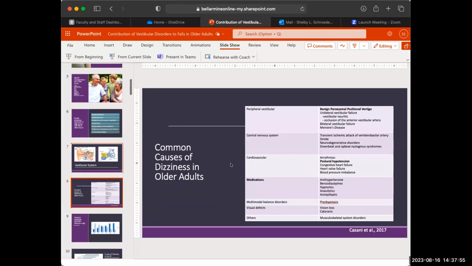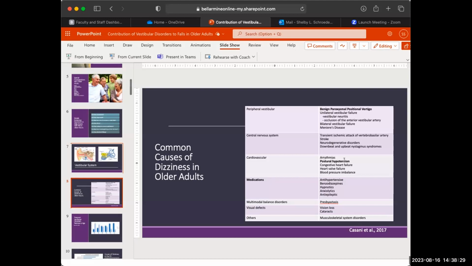So here are some common causes of dizziness in older adults. The bolded ones are the 3 most common. Relating to the vestibular system, we have benign paroxysmal positional vertigo, which is BPPV, which is what I just described. And then there's some others listed there that are less common. And then there are some issues related to the brain, the central nervous system, that can cause dizziness, and the heart and the vascular system.